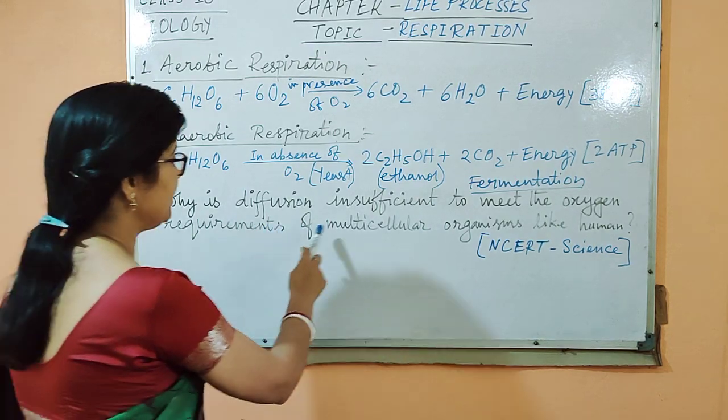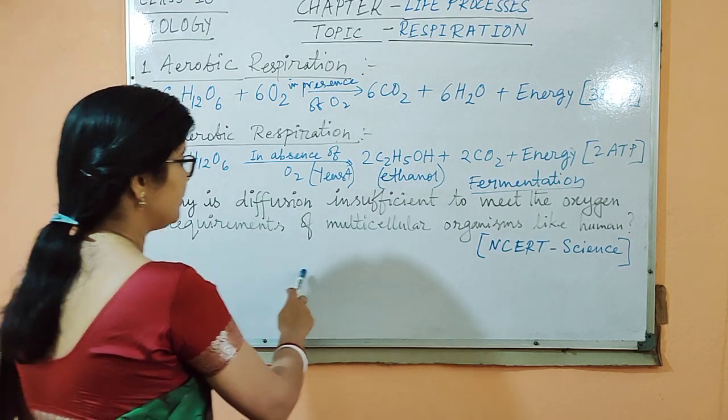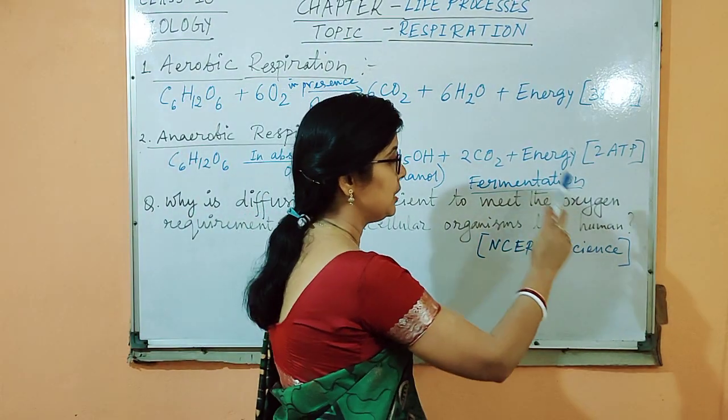Why is diffusion insufficient to meet the oxygen requirements of multicellular organisms like human?